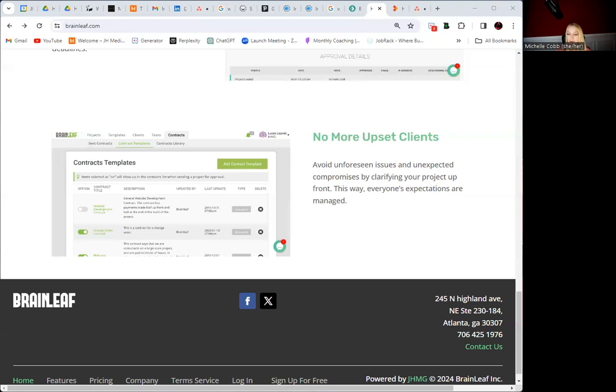Then the last thing I have to say is that because setting up this system is going to be complex, you have to enter all the different tasks you do, the labor rates for different people, for different tasks, the billing rates for all that, your scope of work for your projects, your contracts, any contract templates you have.